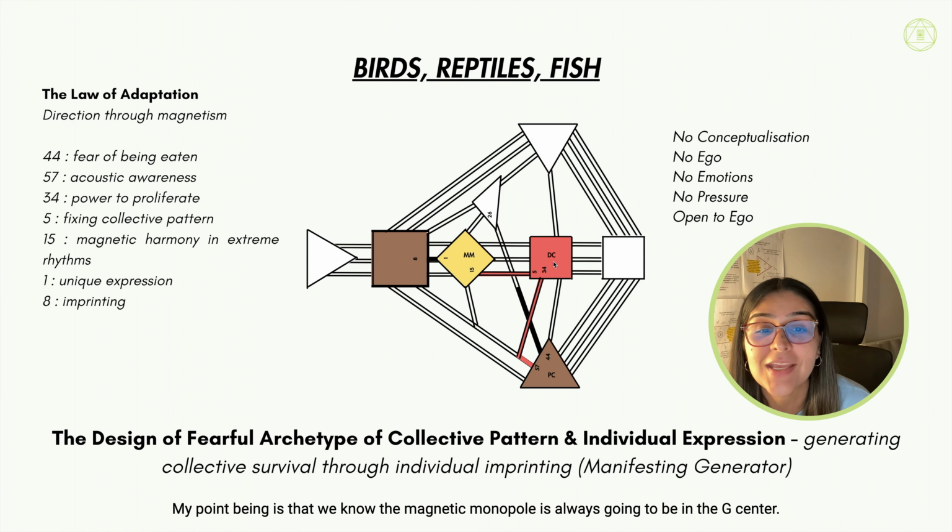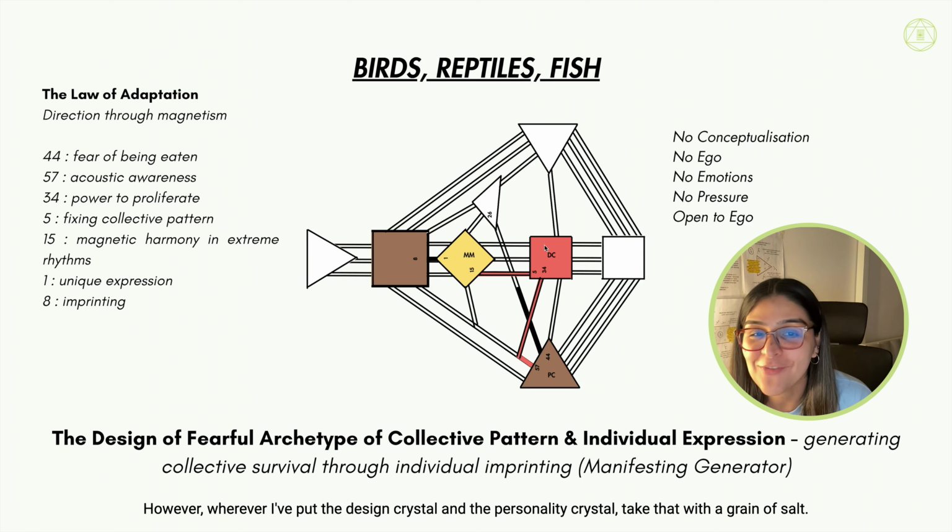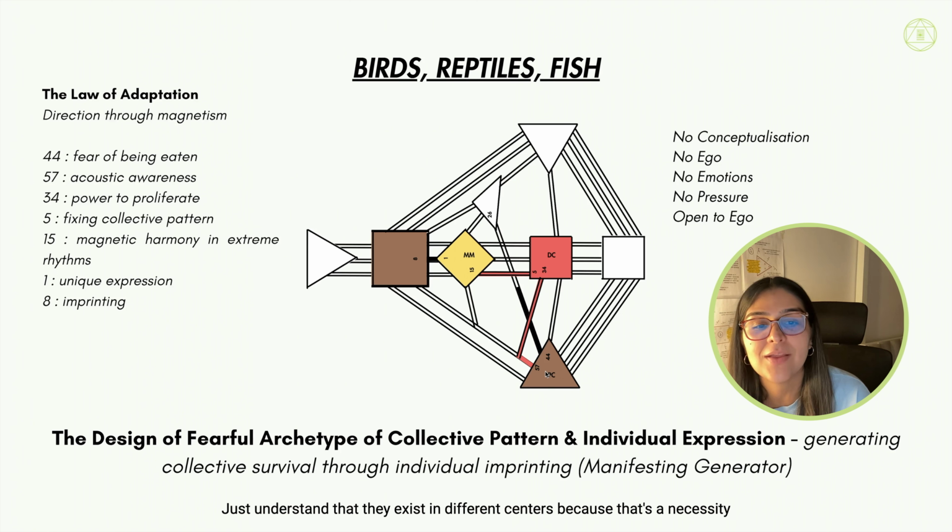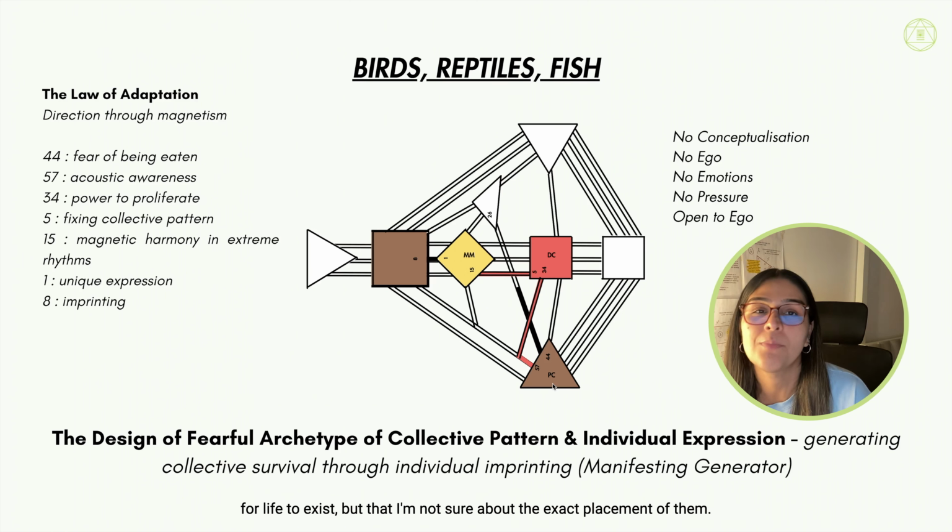My point being is that we know the magnetic monopole is always going to be in the G center. However, wherever I've put the design crystal and the personality crystal, take that with a grain of salt. Just understand that they exist in different centers because that's a necessity for life to exist, but that I'm not sure about the exact placement of them.